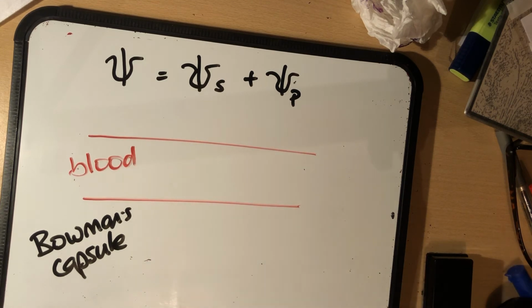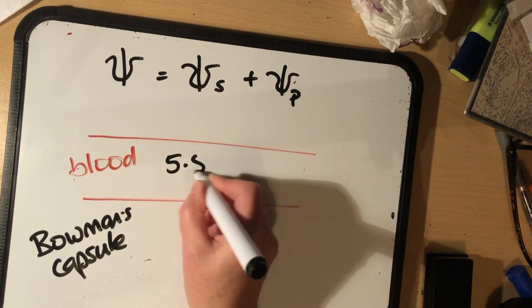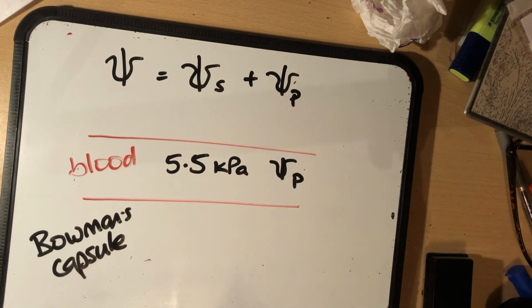So if we just pluck some figures out of the air, there is a very high pressure potential in the blood. The Bowman's capsule is going to be much lower, because remember, the blood has just come from the heart, and we talked about the diameter of the vessels and the coiling.